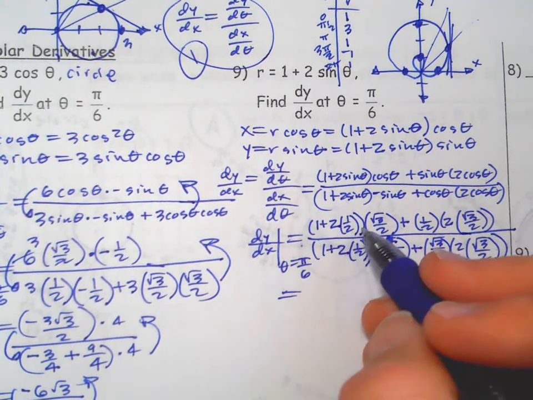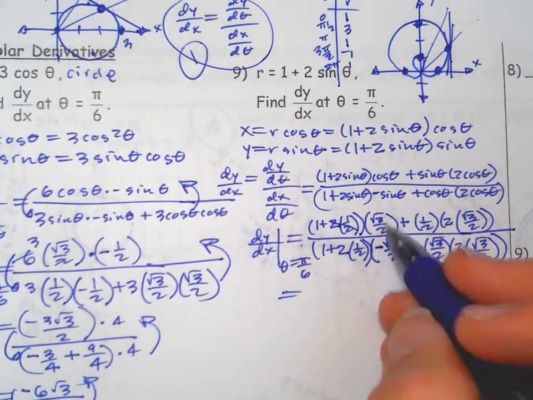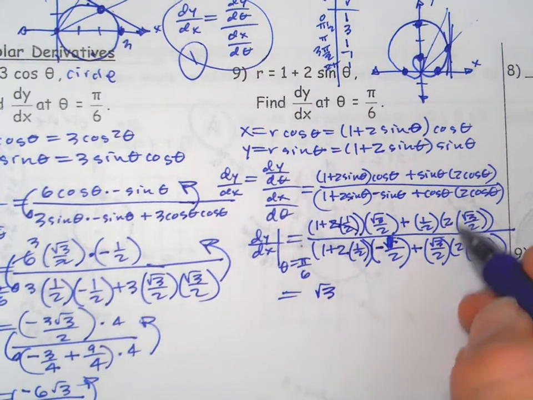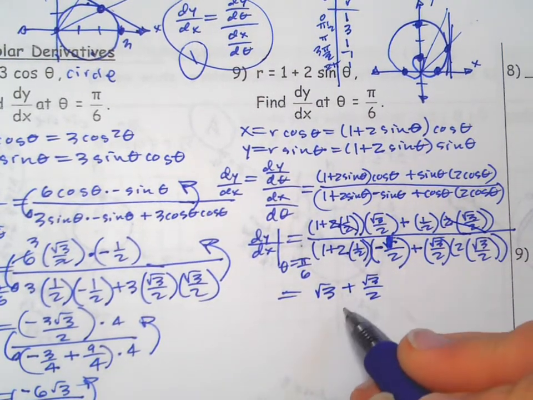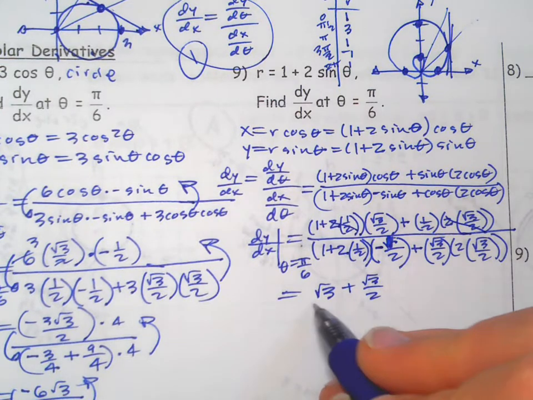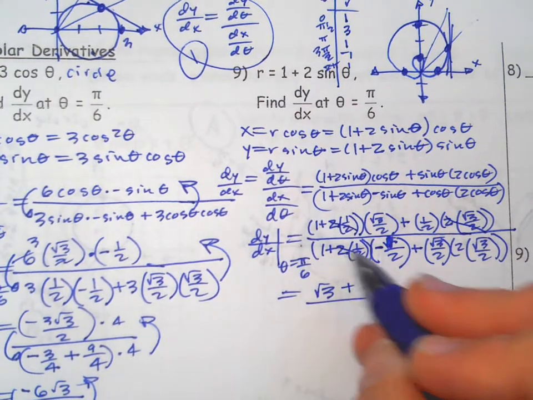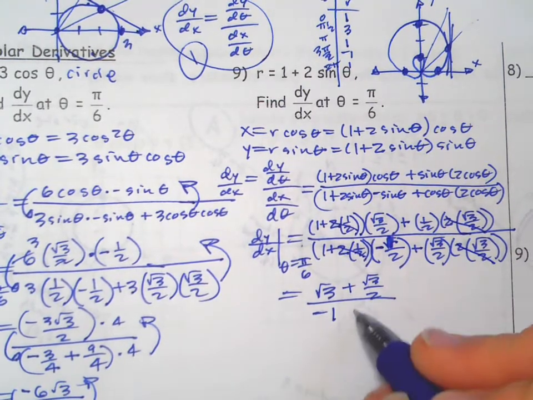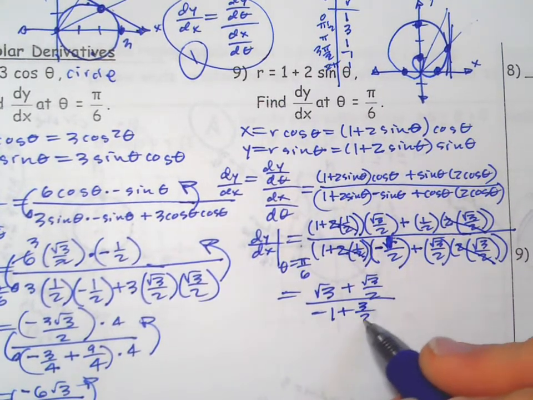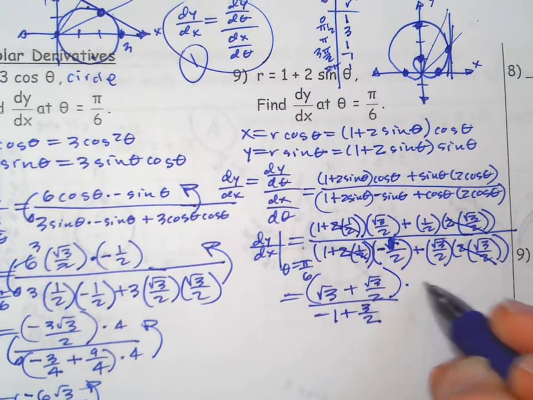That's going to be a 1. That's going to be a 2. That's going to be a root 3. And that's going to be a root 3 over 2. And that's going to be 1, 2. That's going to be -1 plus 3 over 2. So we can multiply the top and bottom by 2.